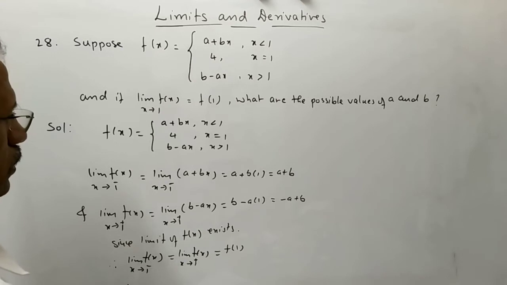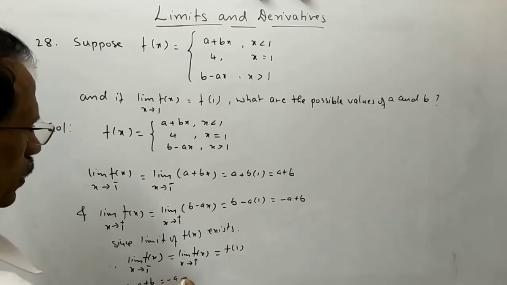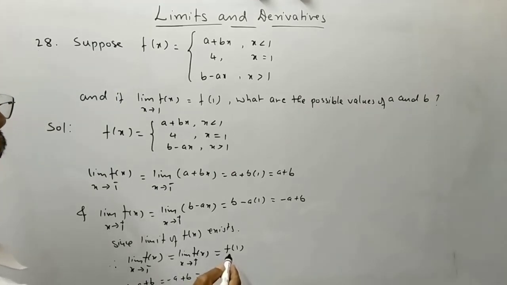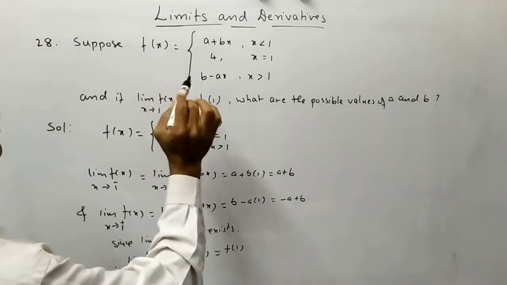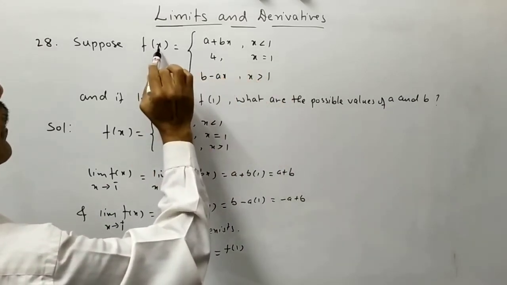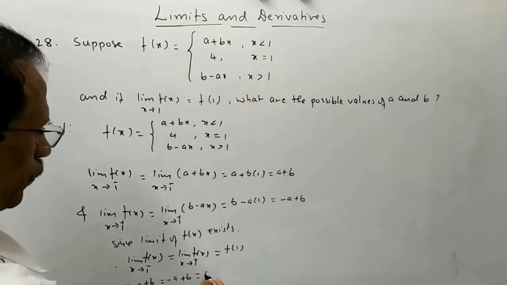This implies a plus b is equal to minus a plus b is equal to f of 1, which is what? When x is equal to 1, we get f of 1 that is 4.